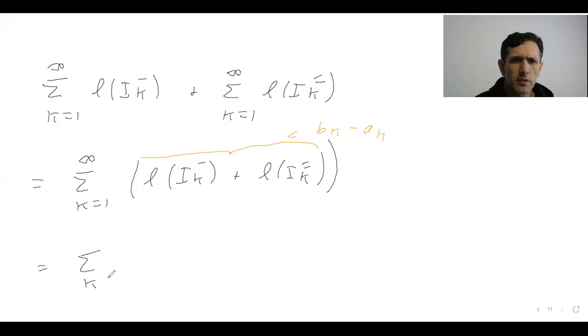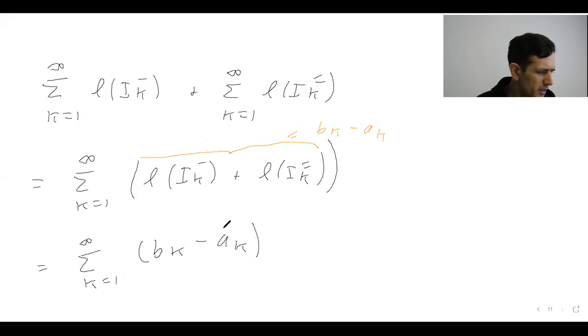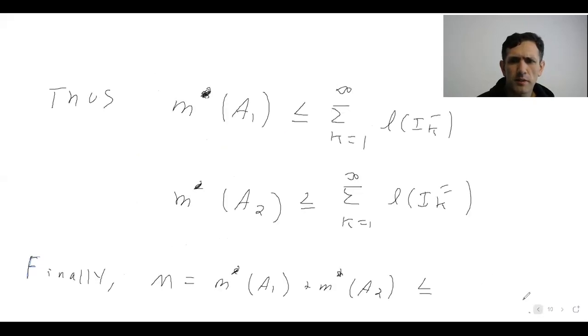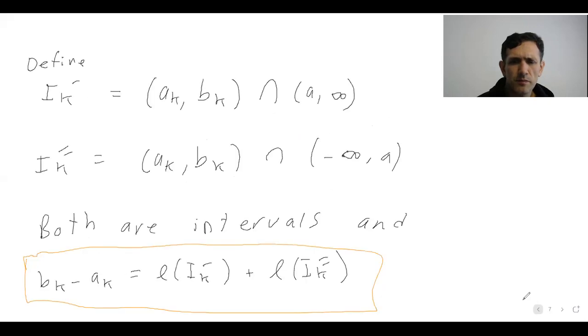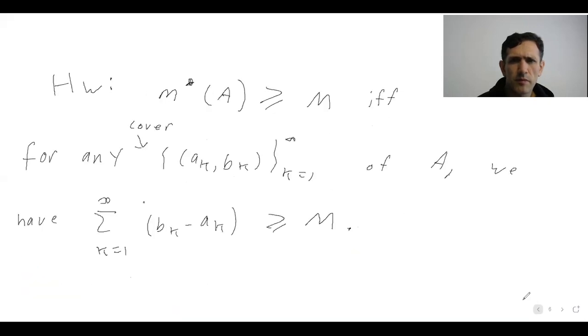So this is going to be the sum, k equals 1 to infinity, bk minus ak. Right, so that's exactly what we need to do.